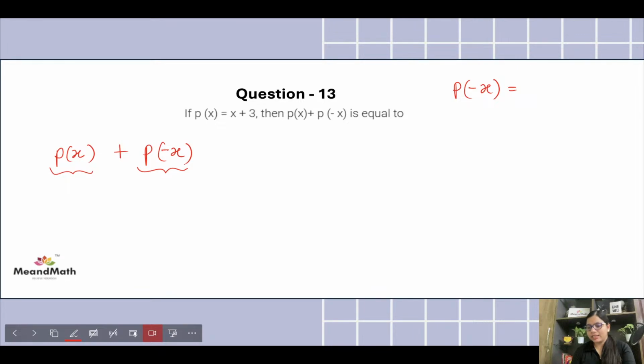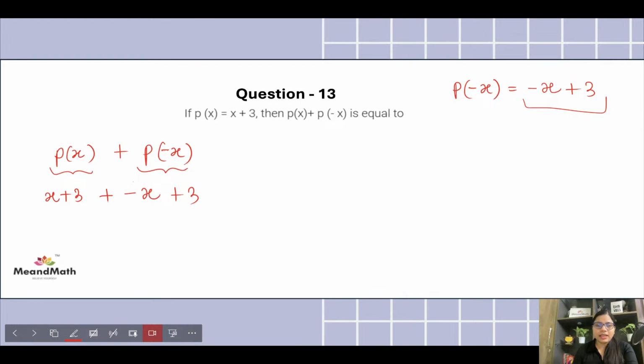P of minus x. So x is going to be replaced by minus x plus 3. So p of minus x is going to be minus x plus 3. So let's do px is x plus 3, plus minus x plus 3.